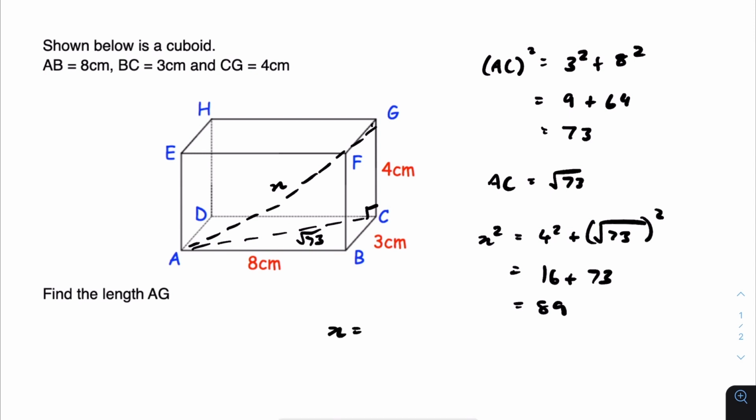So x is equal to root 89 cm, and let me just put that in a calculator, that's equal to approximately 9.434 cm. And that's our answer.